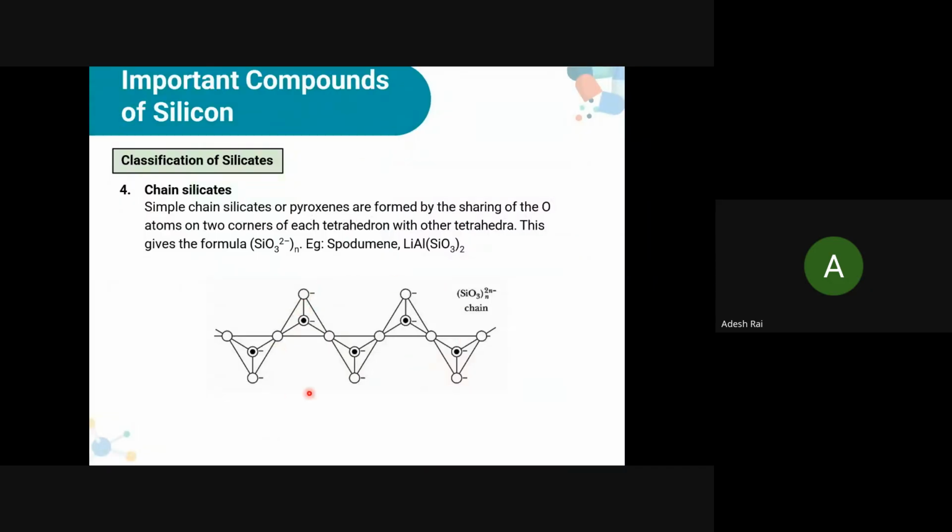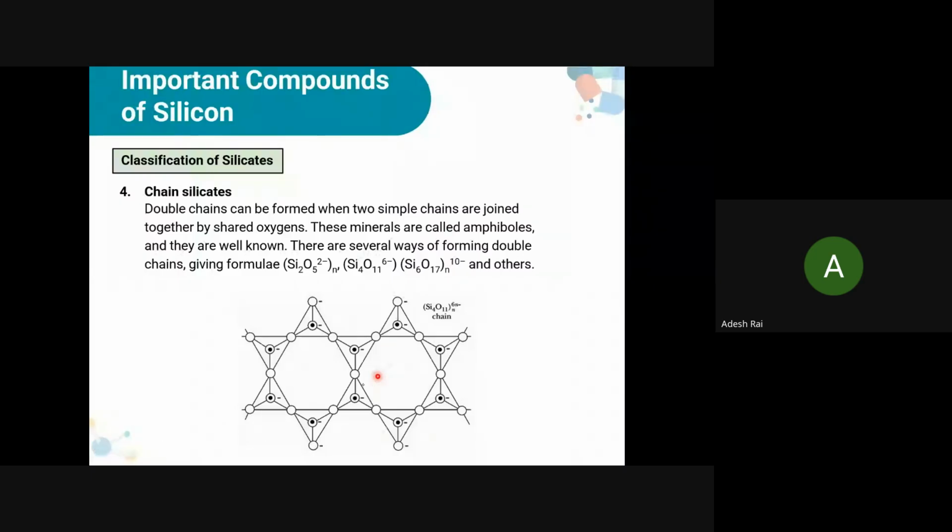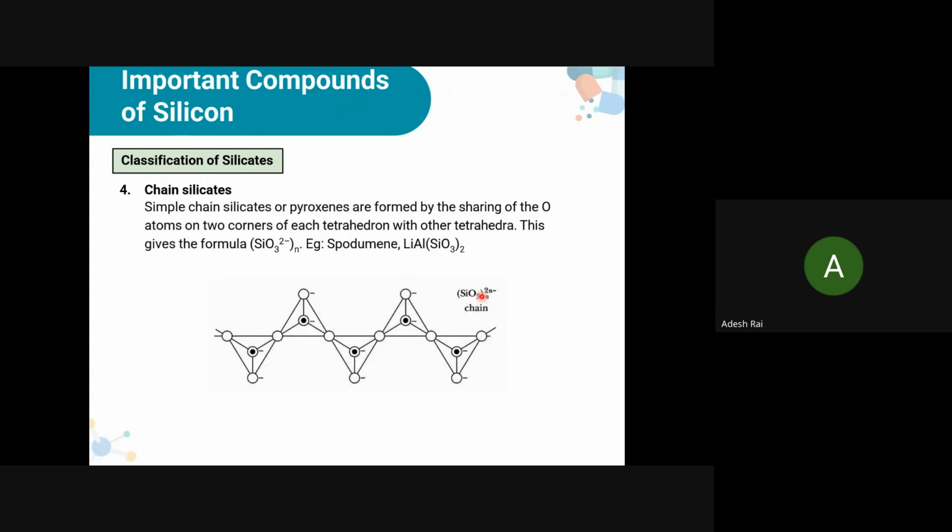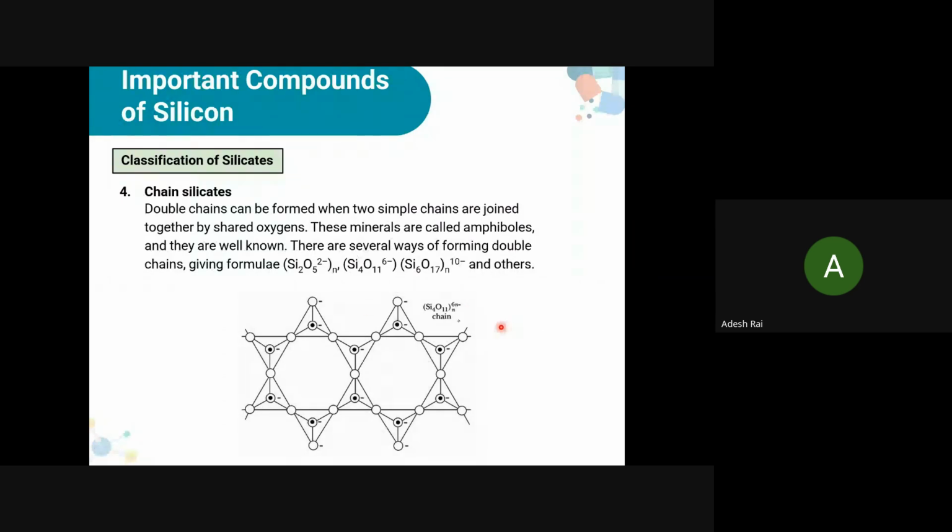If I take one more chain down, can you see this? Just take it like this, just flip it. Whatever it is, if you make this unit upside down, if you have this particular part and just flip it, what will you end up with? You will end up with this structure.